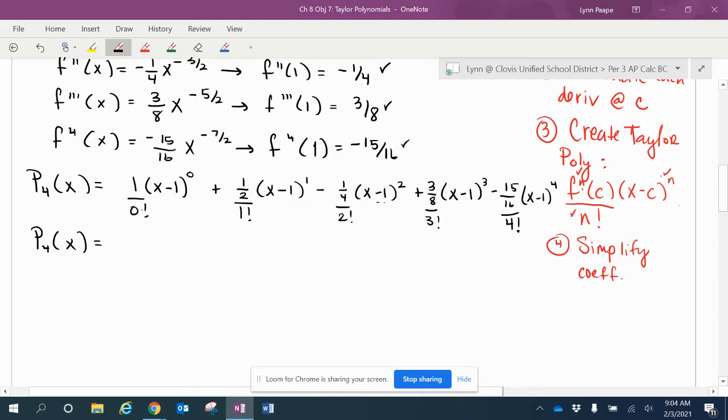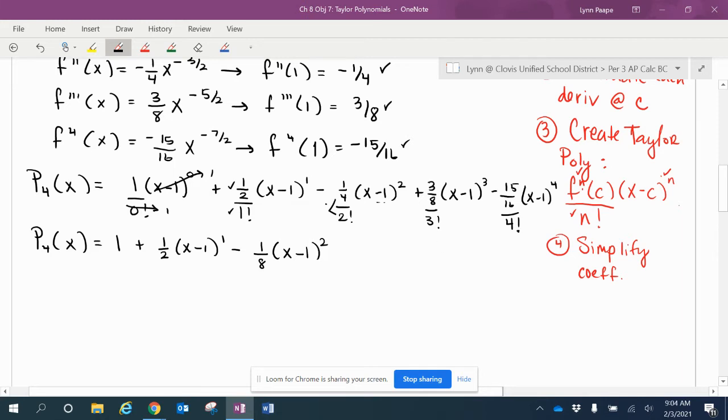So I have 0 factorial, which is just equal to 1, and x minus 1 to the 0 power is equal to 1, so that would just be 1. And then plus 1/2 divided by 1 factorial, so that would be just 1/2, and then x minus 1 to the power of 1. And then I have -1/4 divided by 2 factorial, so 1/4 divided by 2, I would just have a product there, so that would be minus 1/8, and then x minus 1 squared.